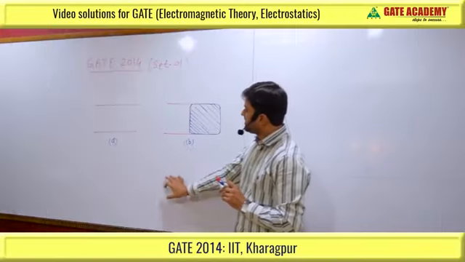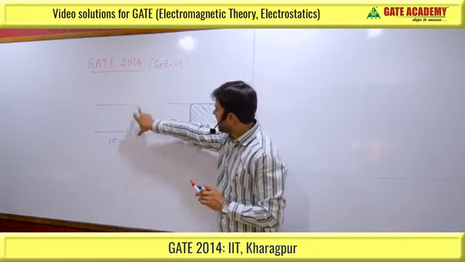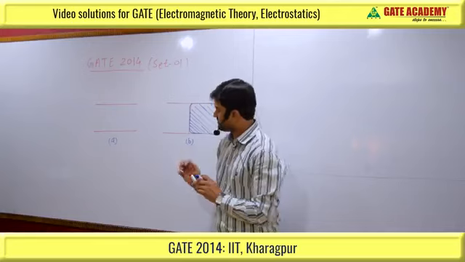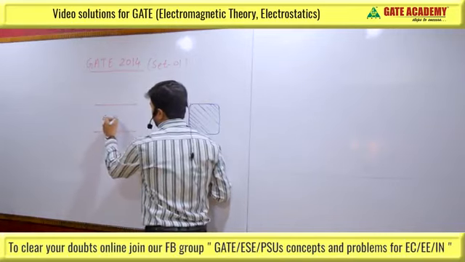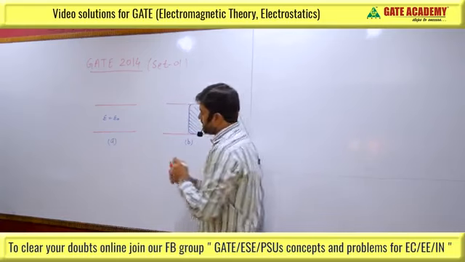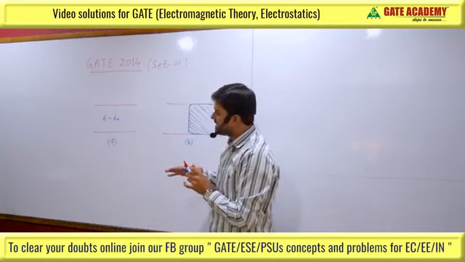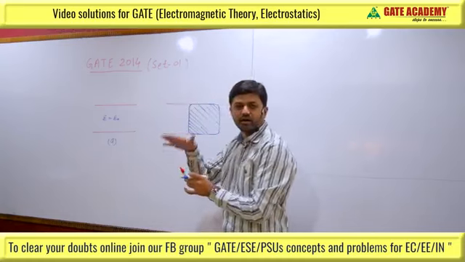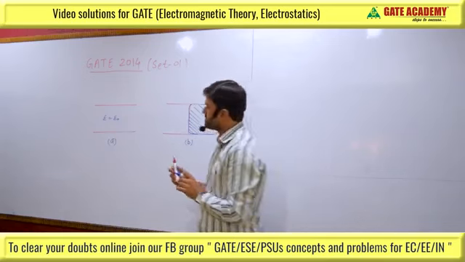So in this question it is given that these are two parallel plate conductors and it is filled with air. So here the medium is air, hence epsilon equals epsilon naught. If the two parallel conducting plates are separated by some distance, then they form a capacitive system.